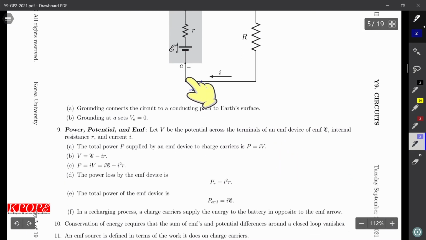Then the absolute value of the potential is set to be 0. So grounding connects the circuit to a conducting path to Earth's surface. Grounding at A sets V as 0 absolutely.